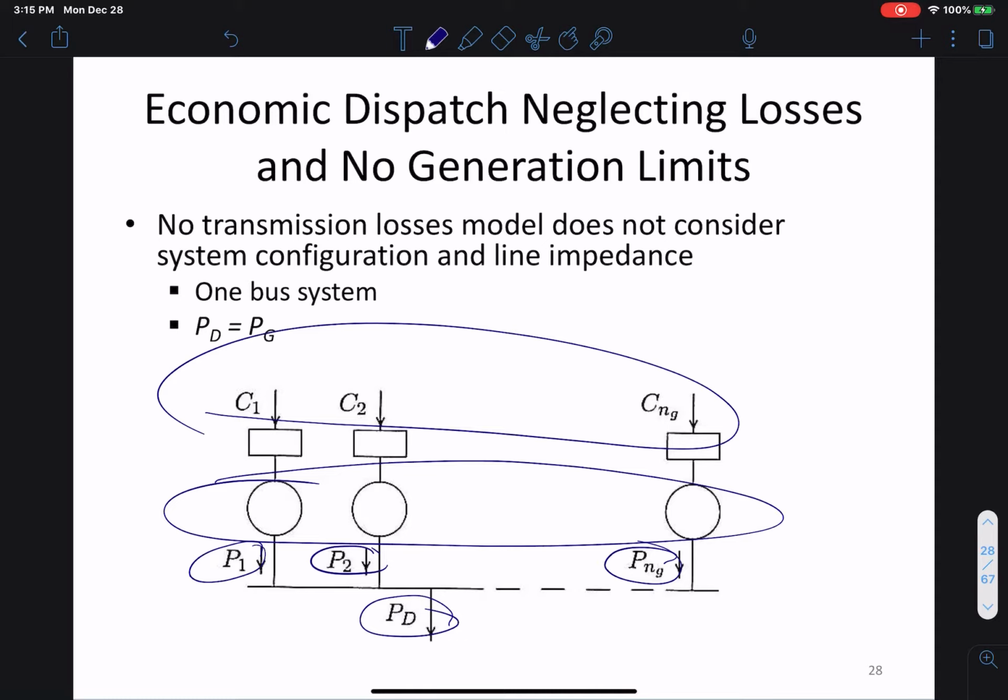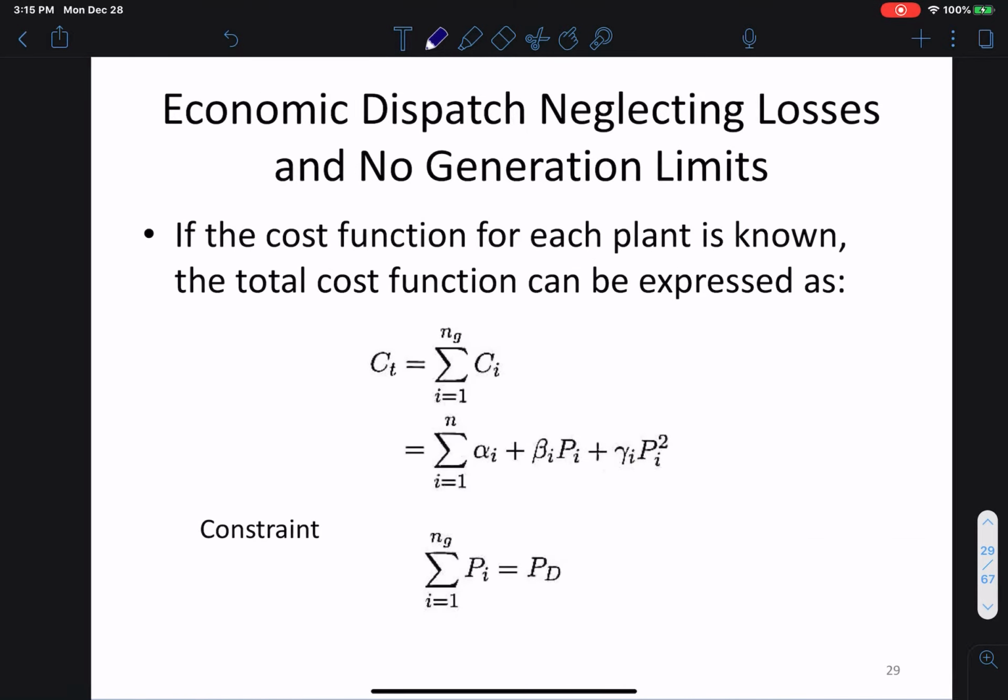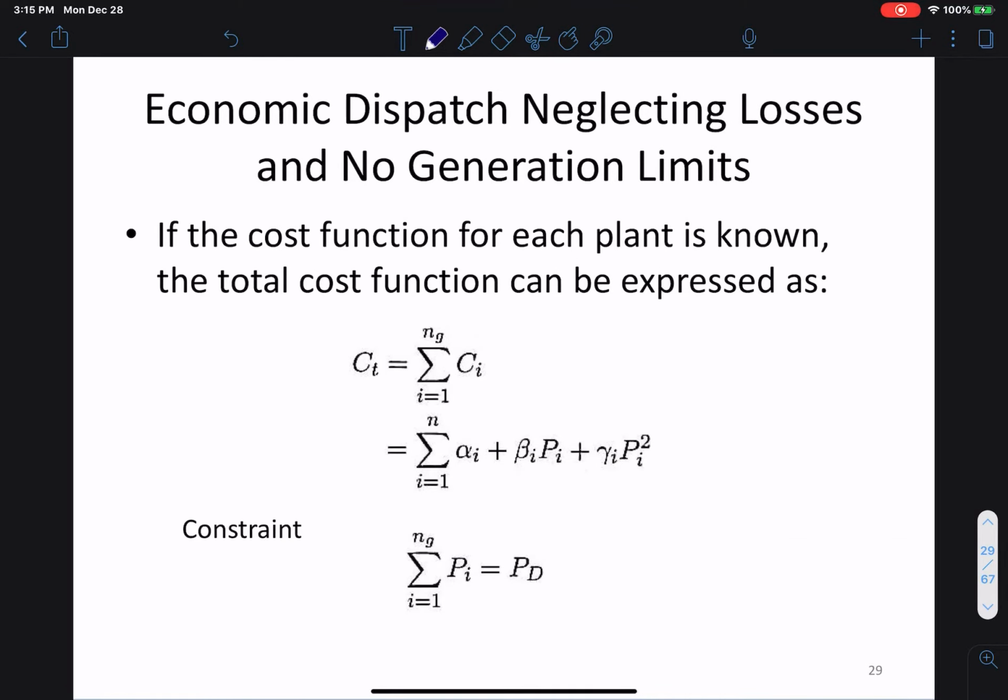In a lossless system, your demand should be equal to your generation, so PD should be equal to your PG. If you have multiple cost functions, you can add all of them to find the total cost function, using this equation, going from 1 to n, where n could be any number of generating plants.